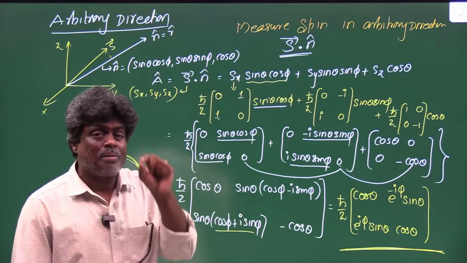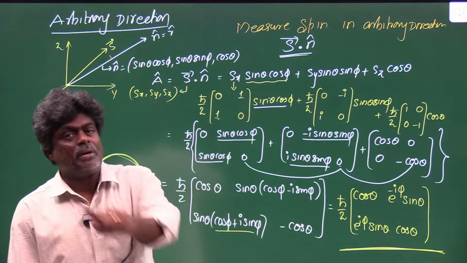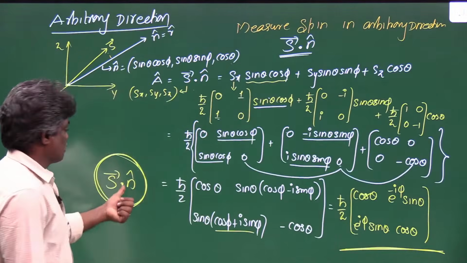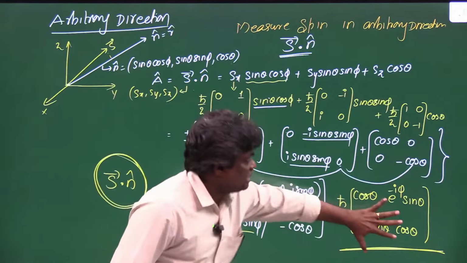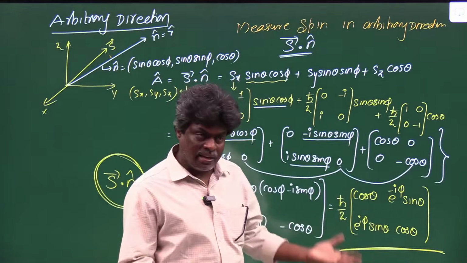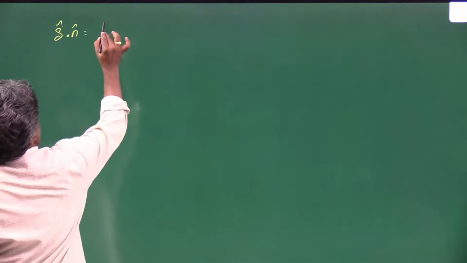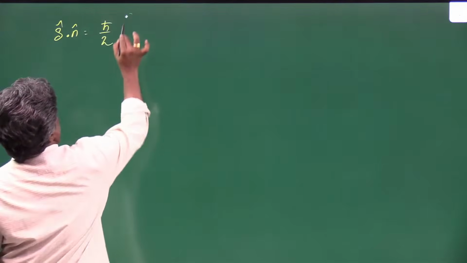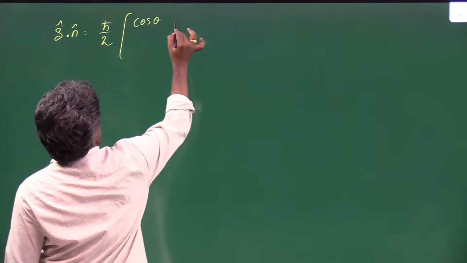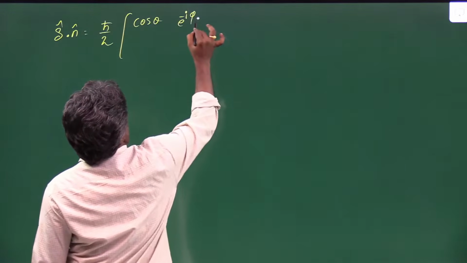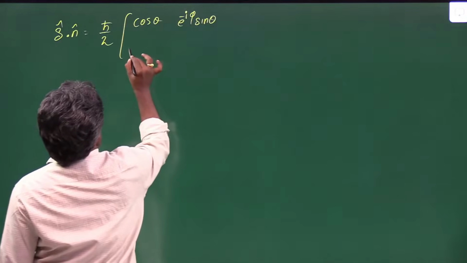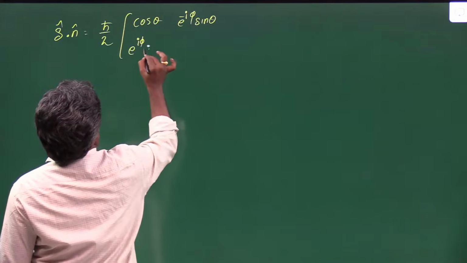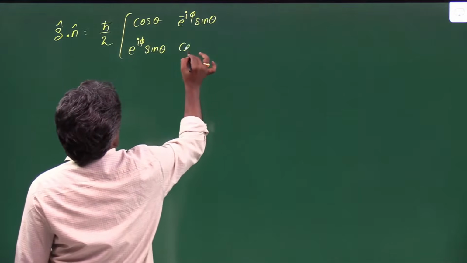That's why we measure the spin in an arbitrary direction, that is nothing but S bar dot n cap. So for this matrix we are going to find the eigenvectors. S bar dot n cap is h cross by 2 times the matrix cos theta, e raised to minus i phi sin theta, e raised to i phi sin theta, cos theta.